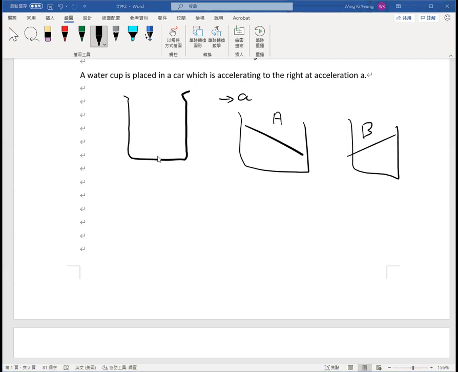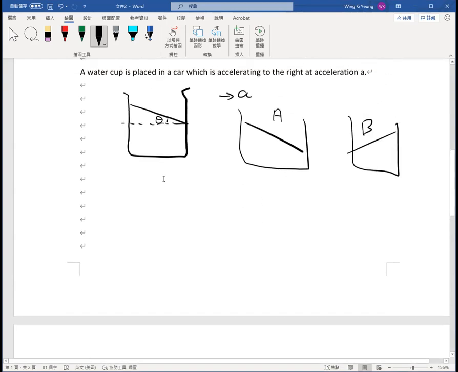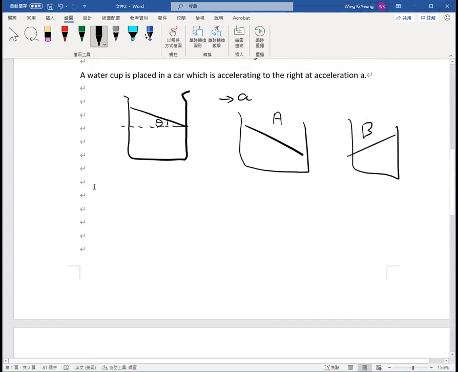Yeah, it's A. The water surface looks like this. So there's an angle theta. Then we are going to solve this angle theta. So how to do it?